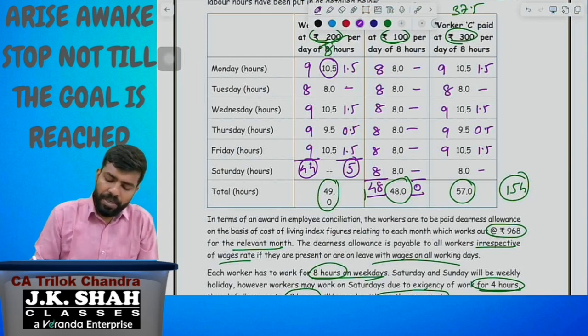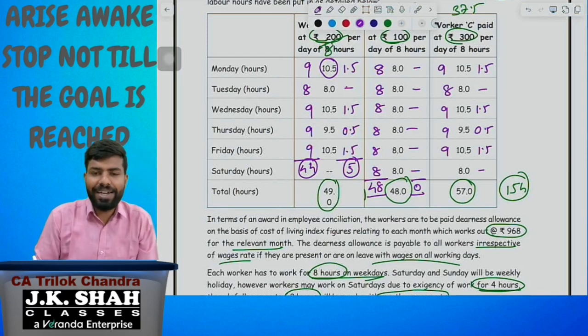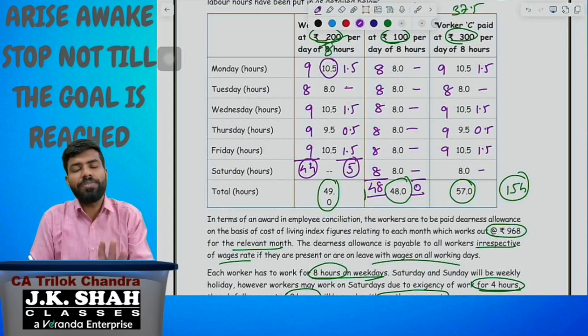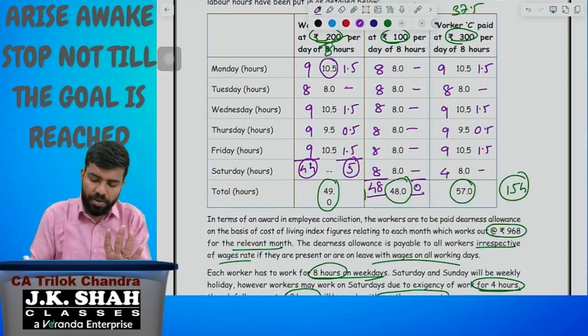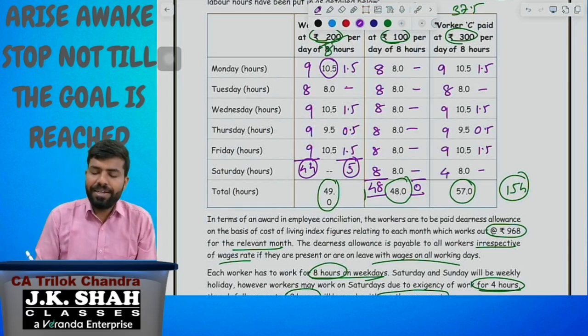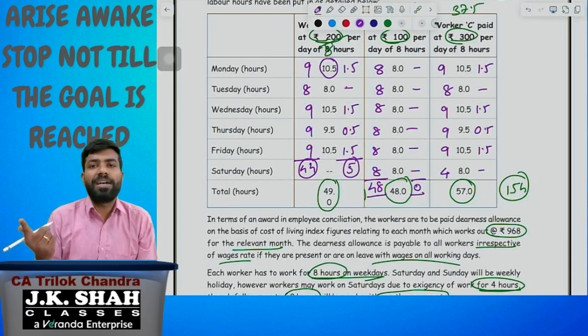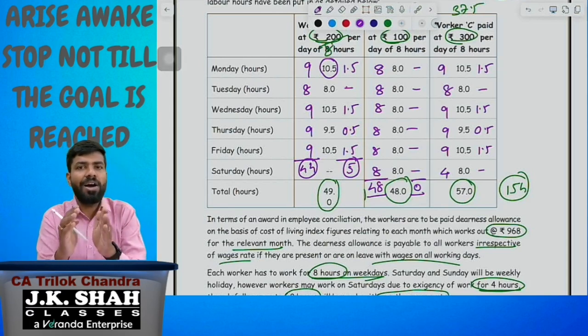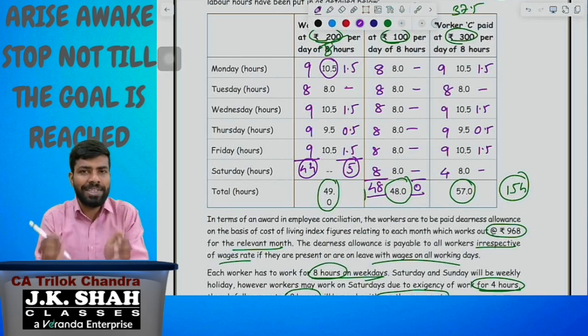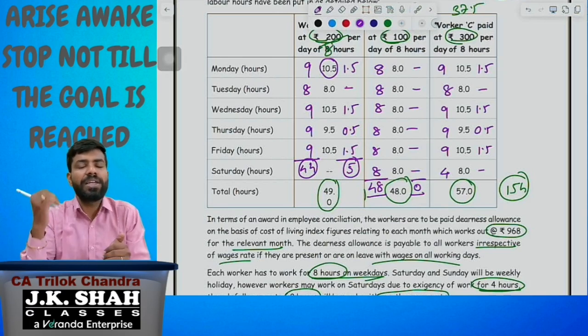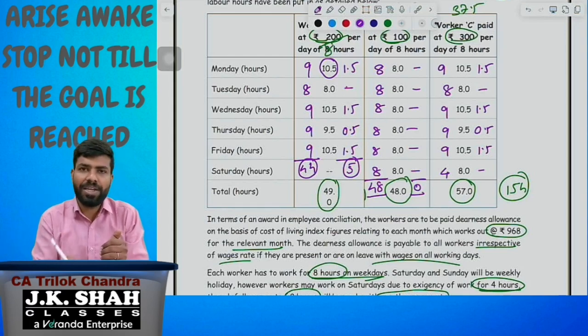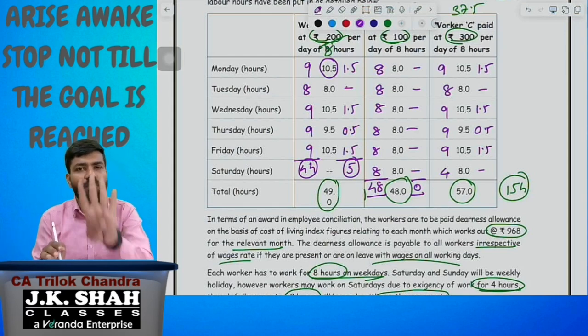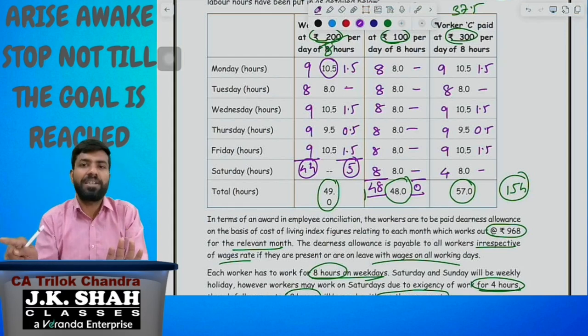One more thing, when it comes to the last day, that is Saturday, he is paid for 8 hours. Actually he is working for 4 hours, but he is getting the payment for 8 hours. That 4 hours is not overtime. Please understand. On Saturday, I am speaking about worker C. Even worker B, both are working for 4 hours, but getting payment for 8 hours.